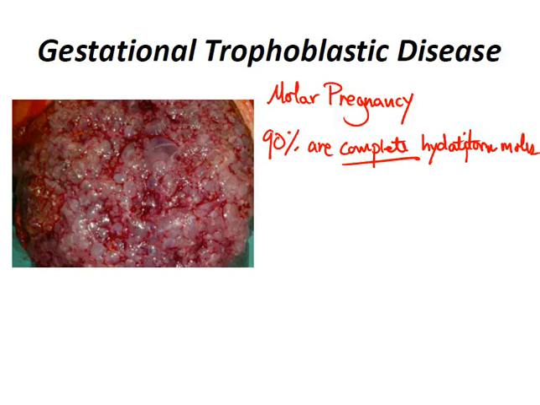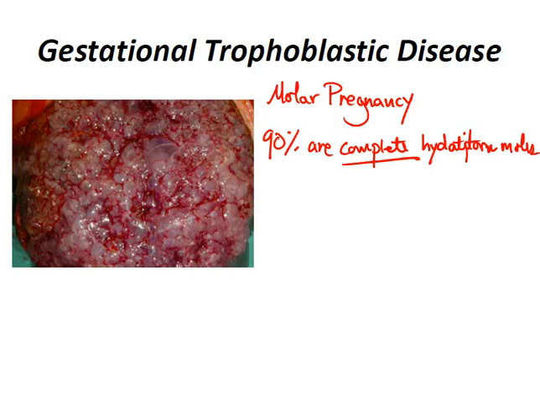So that's what you're seeing in this picture here. 90% of complete moles are the result of fertilization of an empty egg by one sperm. The product is 46XX due to the duplication of the haploid sperm. And 10% of complete moles are the result of fertilization of an empty egg by two sperm.